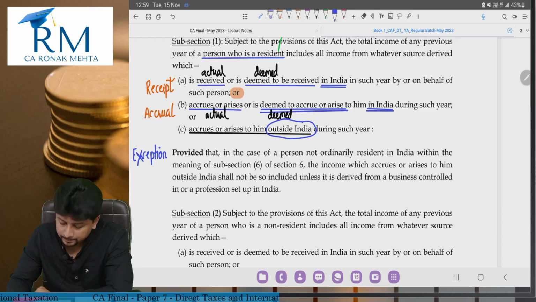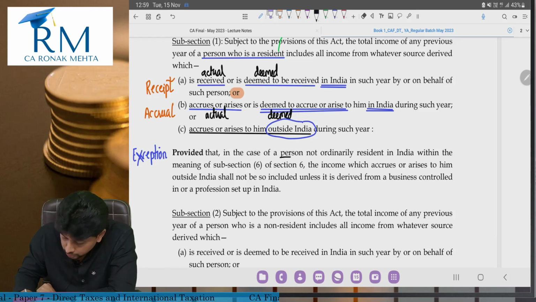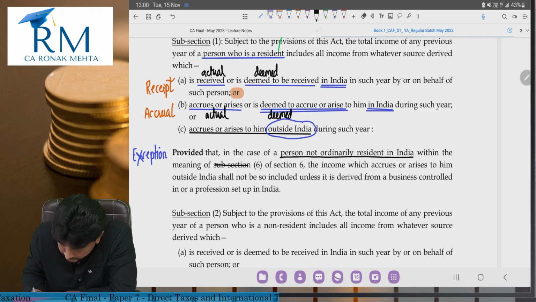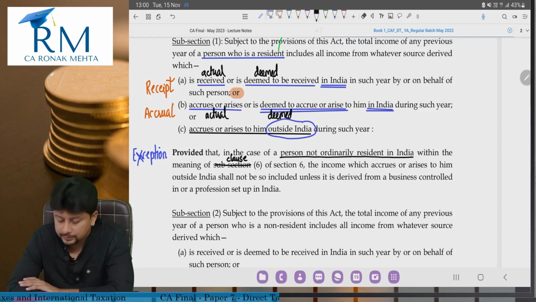Provided that in case of a person who is not ordinarily resident in India, within the meaning of, sorry, this is not subsection 6, this is clause number 6. Section 6, clause number 6.